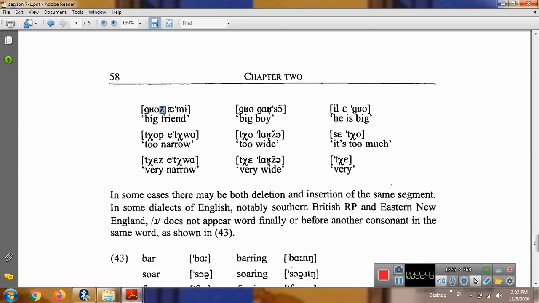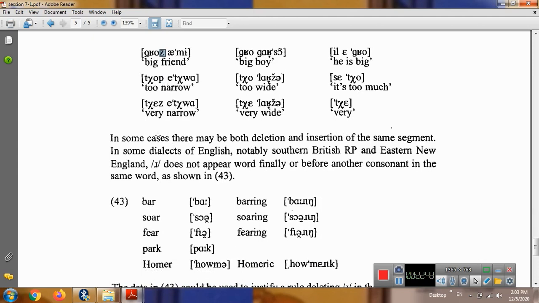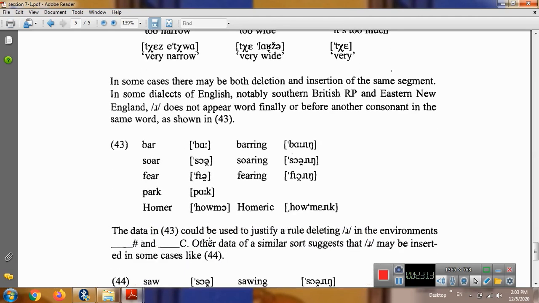Très étroit means very narrow. Here we have z followed by the vowel and we keep it, but here très large, we delete that consonant because it is followed by a consonant. And très means very, which comes at the end of this phrase, we face the deleted form of this.